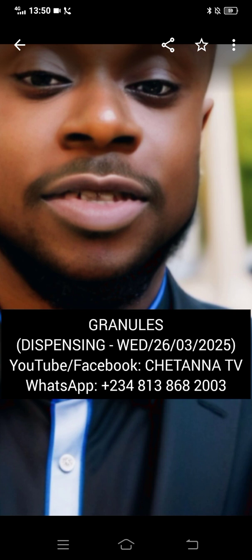When you dry granules, they are on their own. But with small particles, there is interparticulate interaction between them.